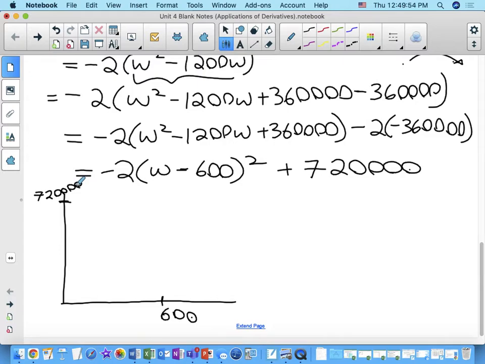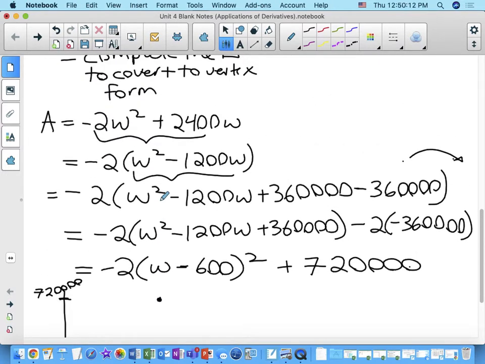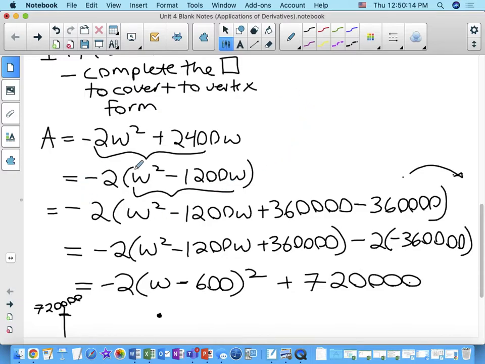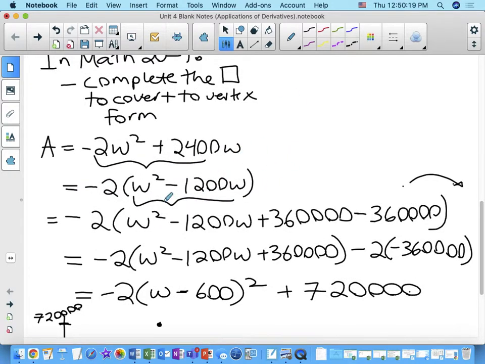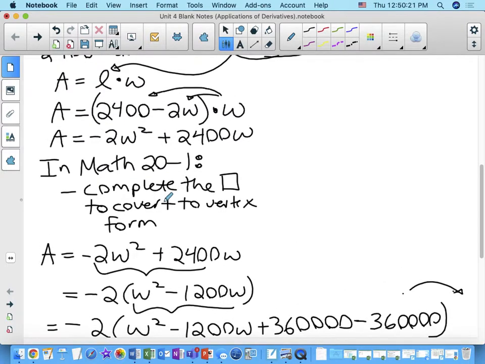Okay, and this thing actually points down or opens down because the a value is negative. Okay, and if I wanted to go even further, I could even go way back up here and think about this form. Well, actually, I would go a little bit more like this.